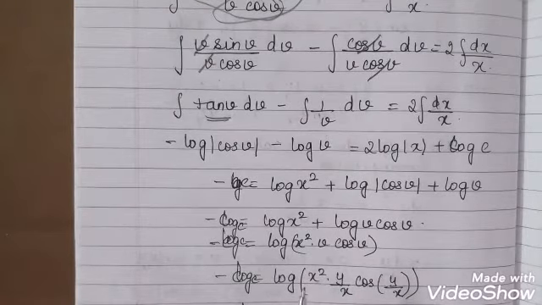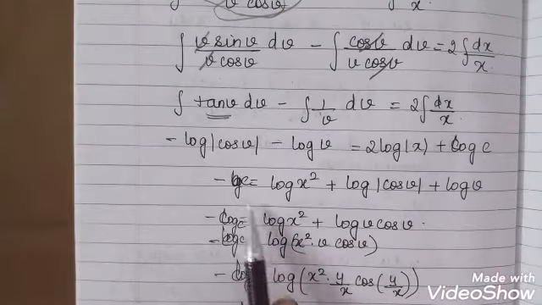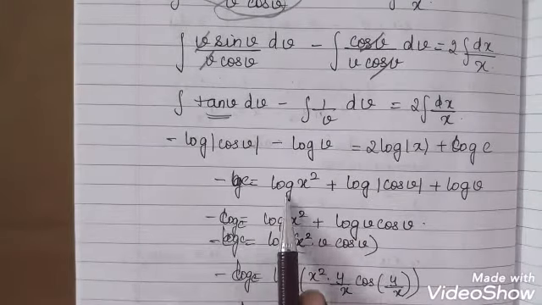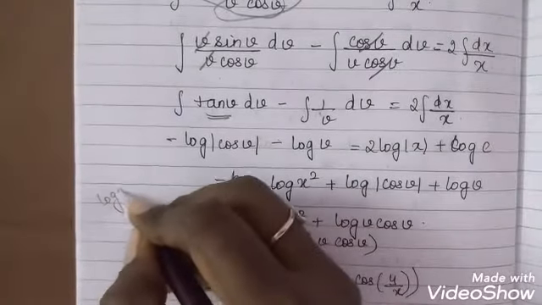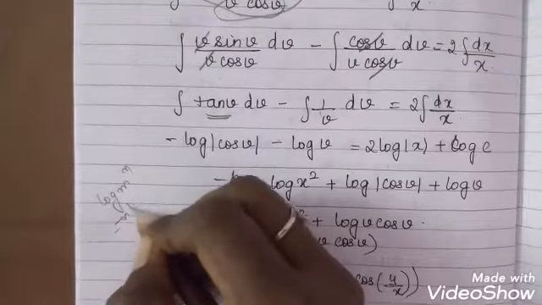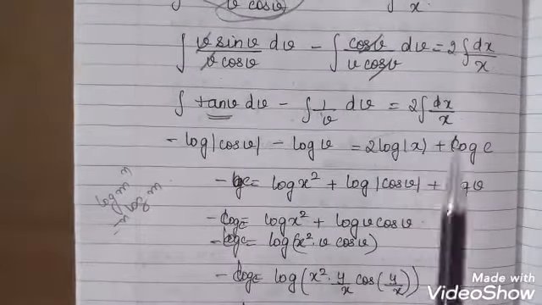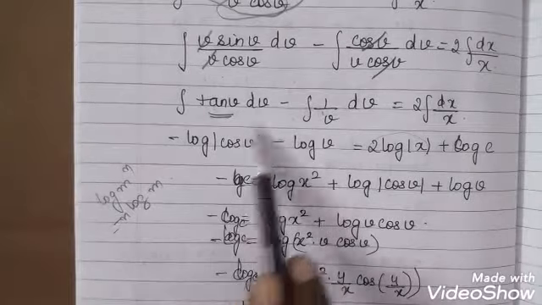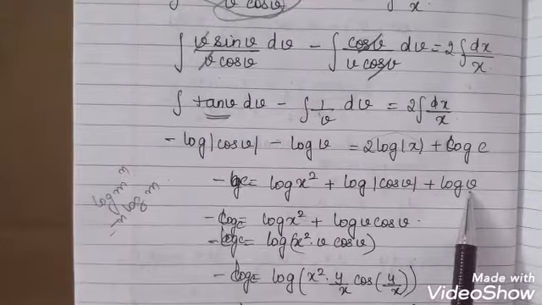So what is the next step you will do here? This alone I just bring to the other side. It's minus log c is equal to log of this becomes x squared. What is the rule you get here? Log of m power n is equal to n log m. So here this goes to the power. It's nothing but log x squared. When I bring this to the other side, it's plus log cos v plus log v.